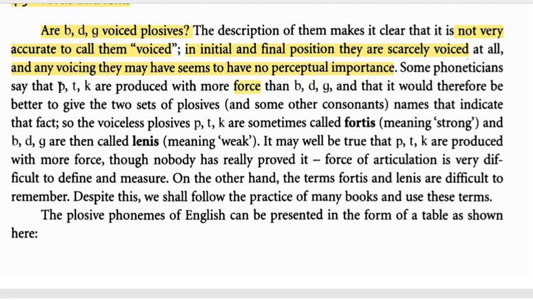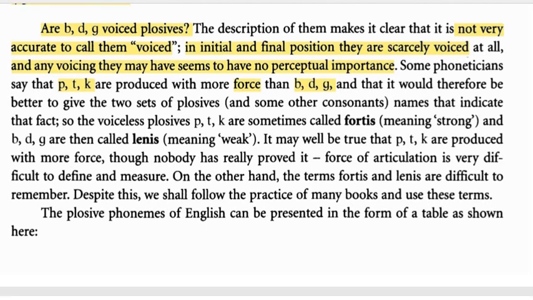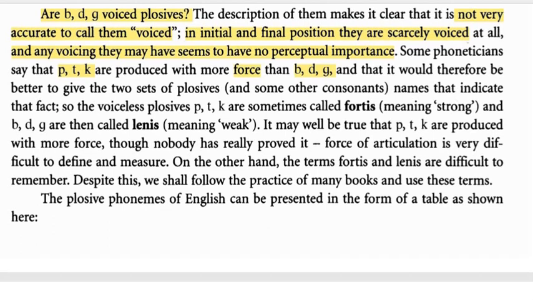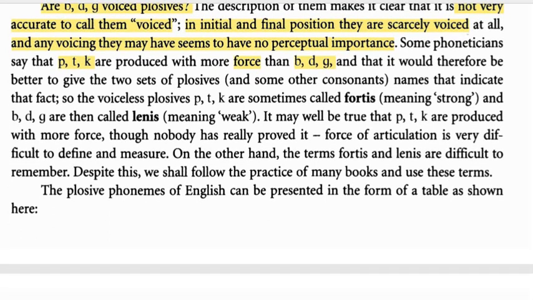So the p, t, k, when you pronounce them, you see that you are making some kind of effort which is bigger than b, d, g, and it would therefore be better to give two sets of plosives names that indicate the fact that voiceless plosives are sometimes called fortis.